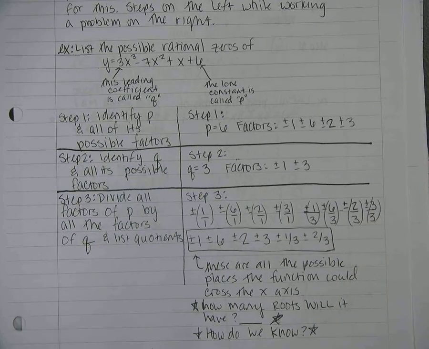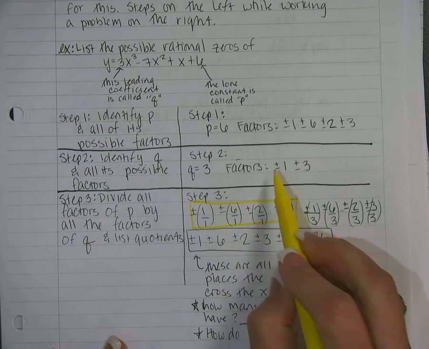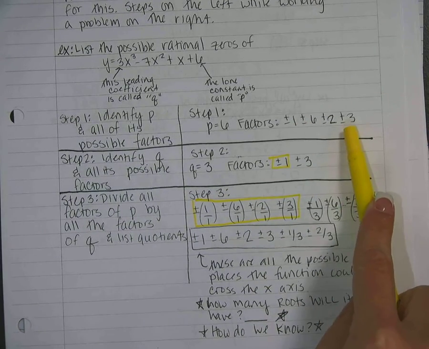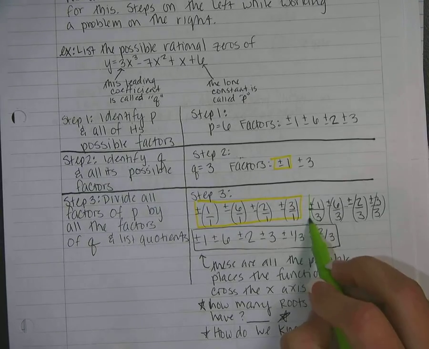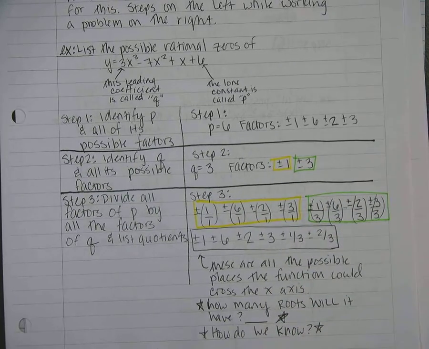This is kind of like my first set, if you will. You could think of it like that, because all of these go with this denominator. And then I list my factors of P, 1, 6, 2, 3, here again. But this time, I'm going to list them all with a denominator of 3, which is my second factor of Q. I find that easier, to separate it and think of it like that.